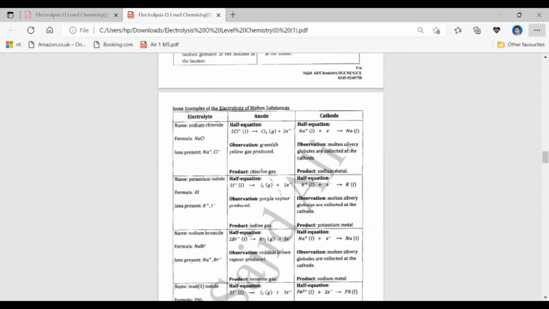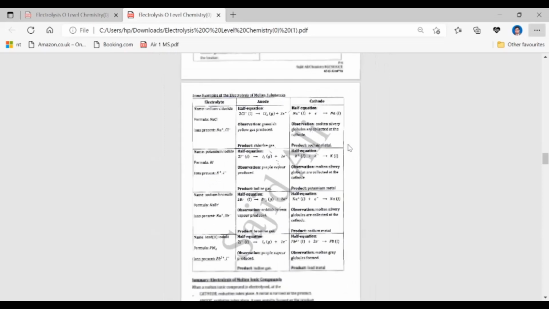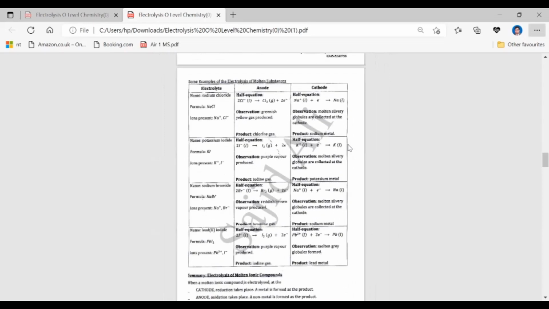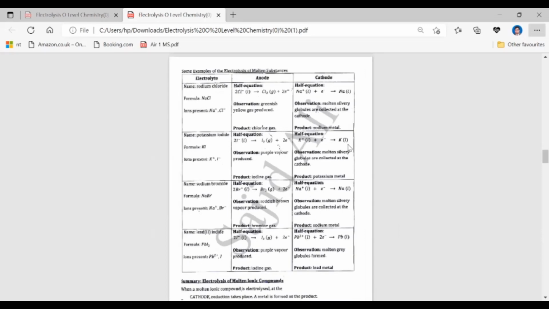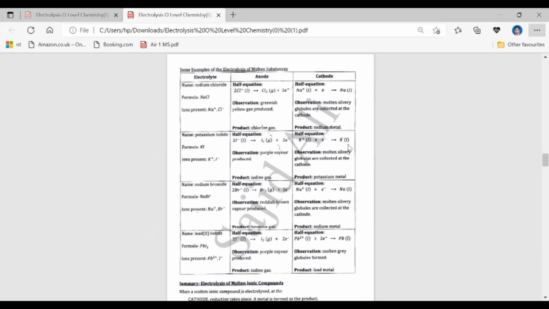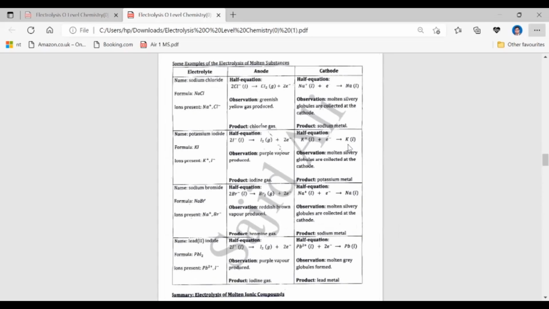Now here, in this table, we can see several compounds for electrolysis, including electrolytes, reaction at anode and reaction at cathode. For example, I have just explained that sodium chloride has Na plus and Cl negative ions in its molten state. At the anode, chloride ions get discharged. This is called discharging of ions, because ions change into neutral atoms or molecules. This negatively charged ion loses electrons to become neutral.